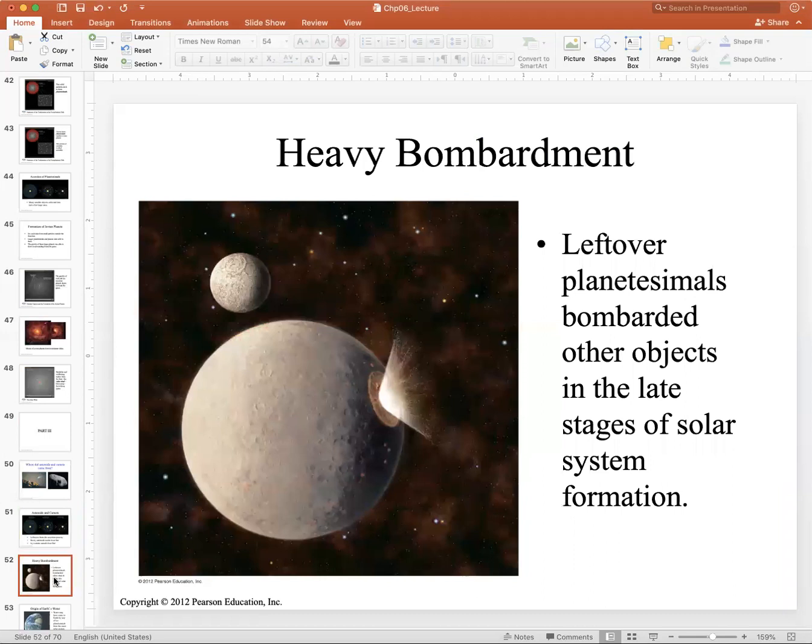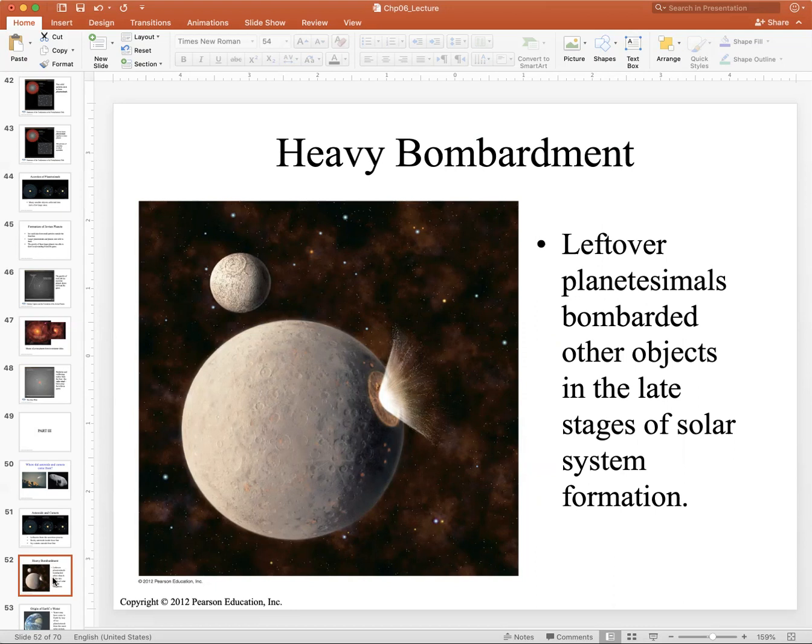We have evidence of heavy bombardments, where these leftover planetesimals bombarded the objects in a late stage of solar system formation, about 3.9 billion years ago. When we study the craters of the moon, we can see that their age is a little bit different from the rest of the materials on the surface of the moon, or even on Earth.